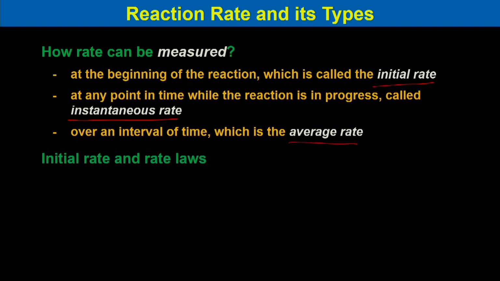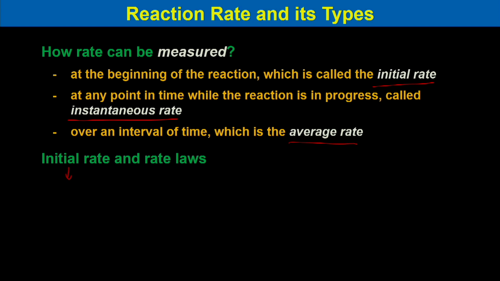Initial rate means the rate of change of concentration of reactant and product in the very initial stage, maybe in the first minute or few seconds, when the reaction starts.